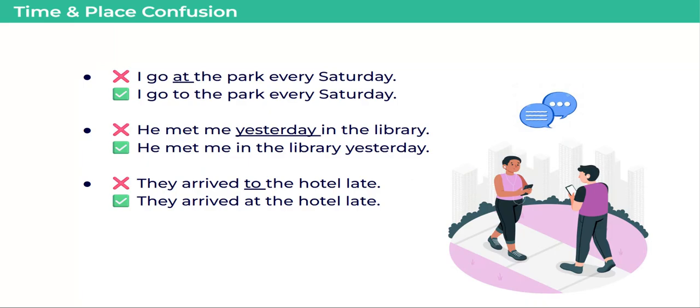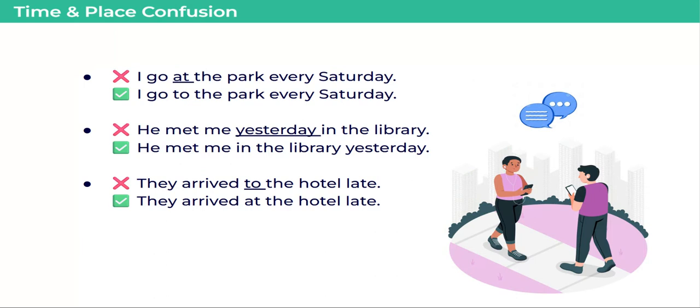We can also confuse time and place. For example, I go at the park every Saturday. No, I go to the park every Saturday. Why? Because at shows a fixed position, but go shows movement.